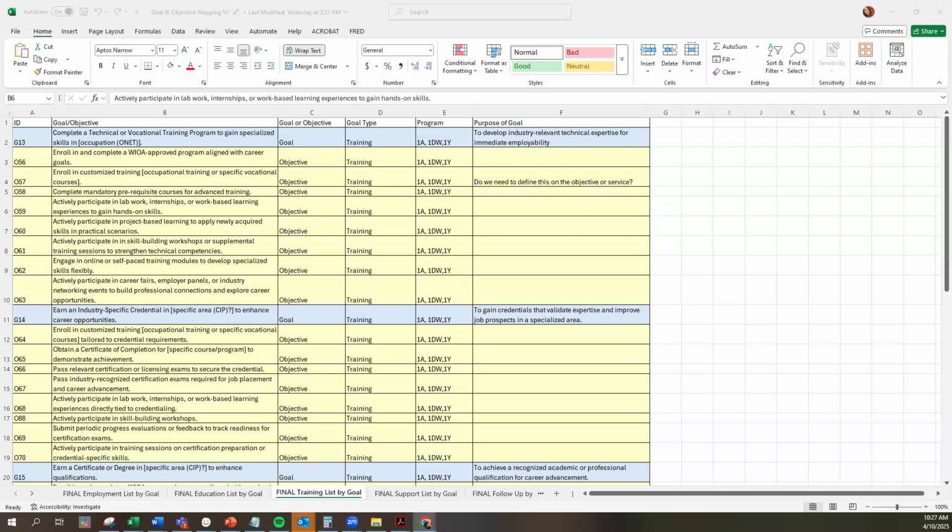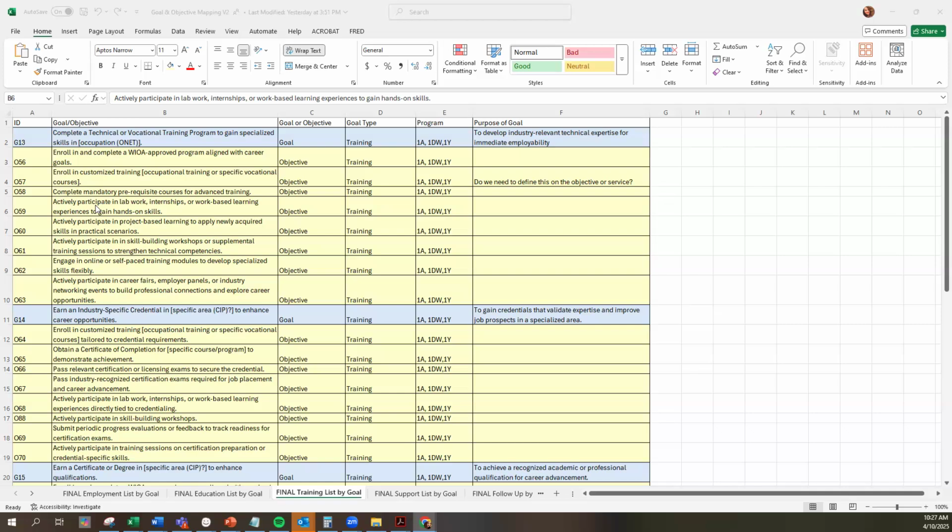And then here's where we're doing that mapping to the services. So we're going to make sure we have everything and we're not missing any objectives that might support career training or youth services. And we do have some objectives that are duplicative across goals, and that is intentional.